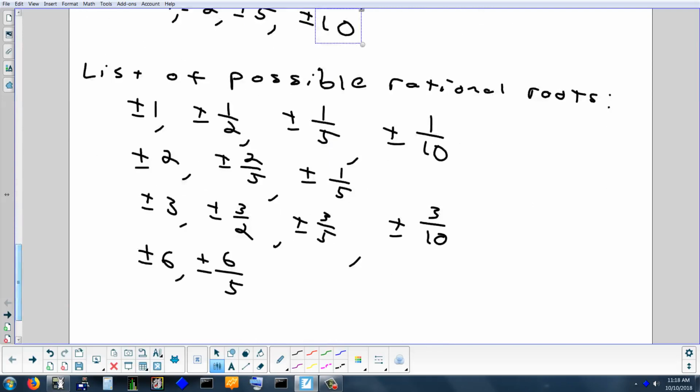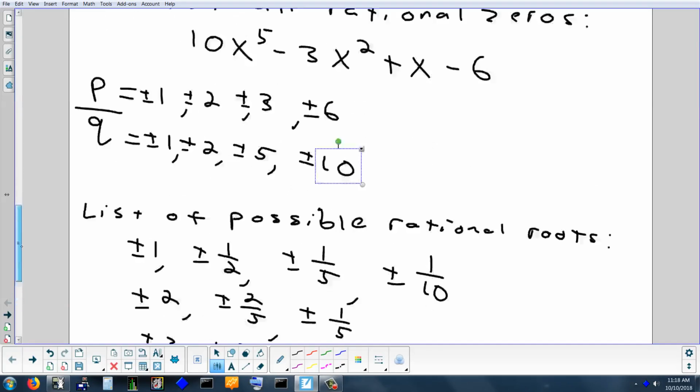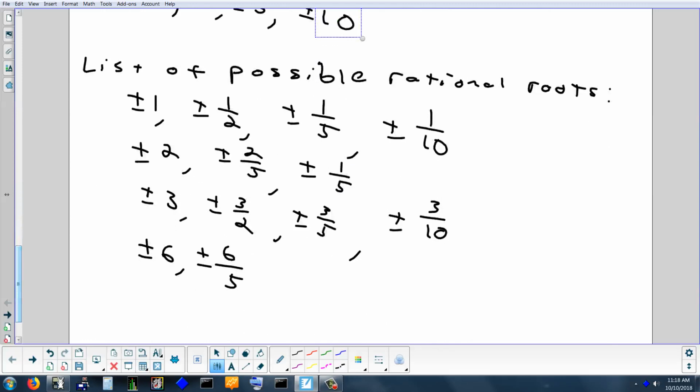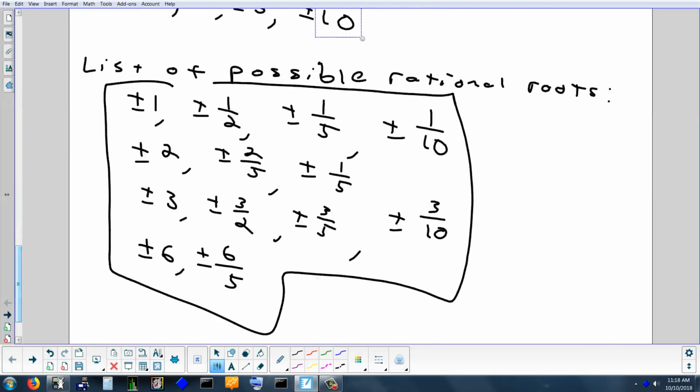So now, what that list means is that if this graph is going to cross the x-axis at a number that can be written as a fraction, it has to be one of those. I'm not saying it's all of those. I'm just saying if it crosses the x-axis somewhere at a fraction, it has to be one of those numbers.